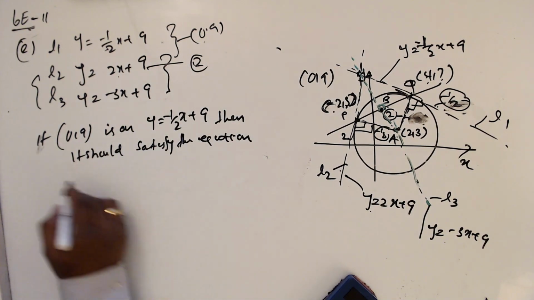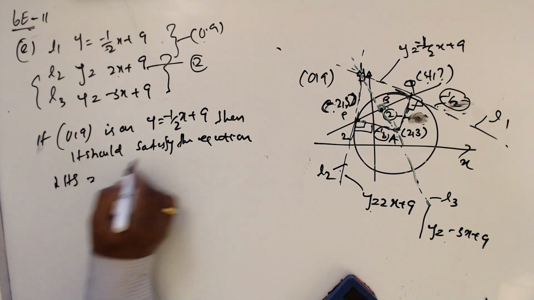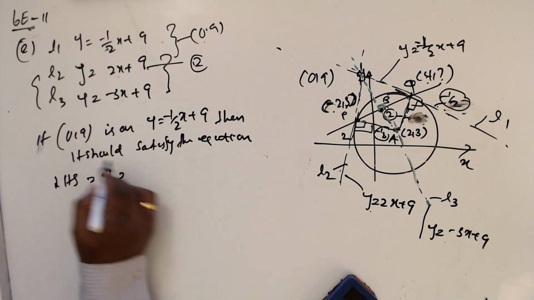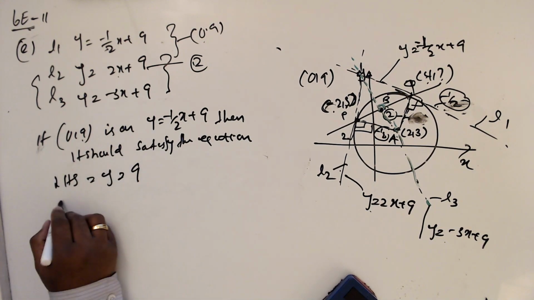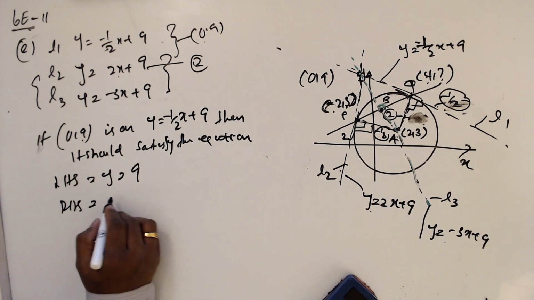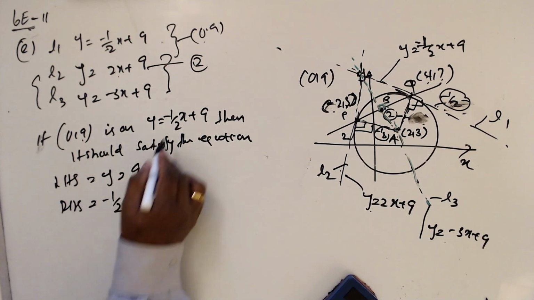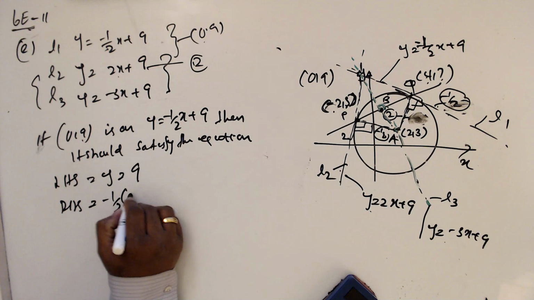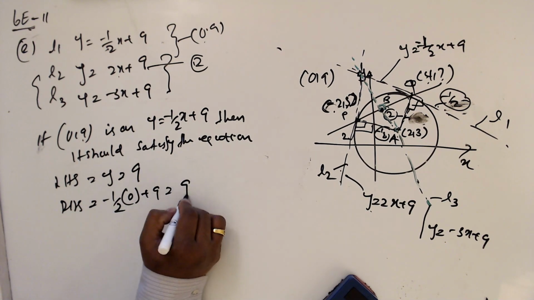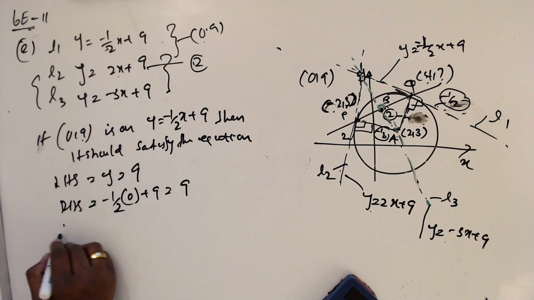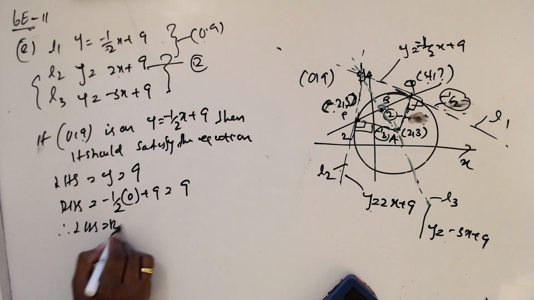So I will check. The left hand side of this equation, the y value, is 9. The right hand side is minus half, x value is 0, plus 9, equal 9. Hence LHS equal RHS.